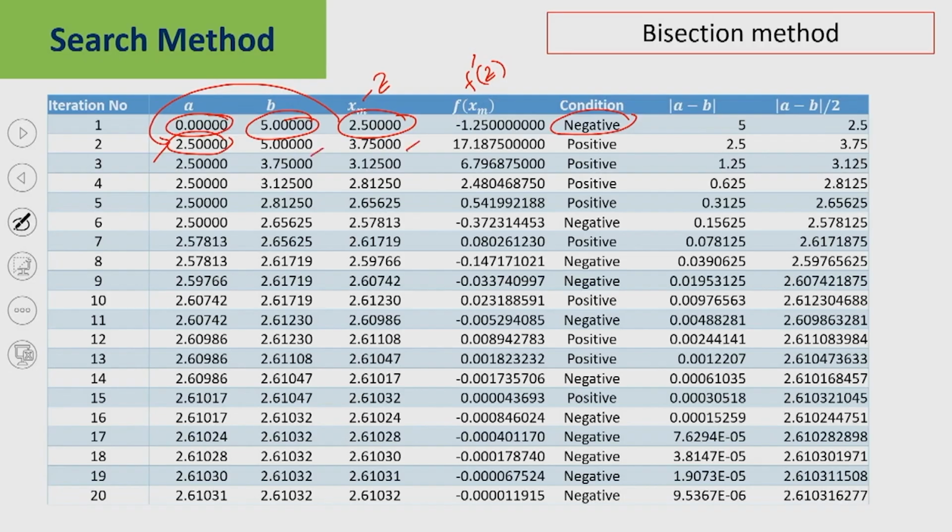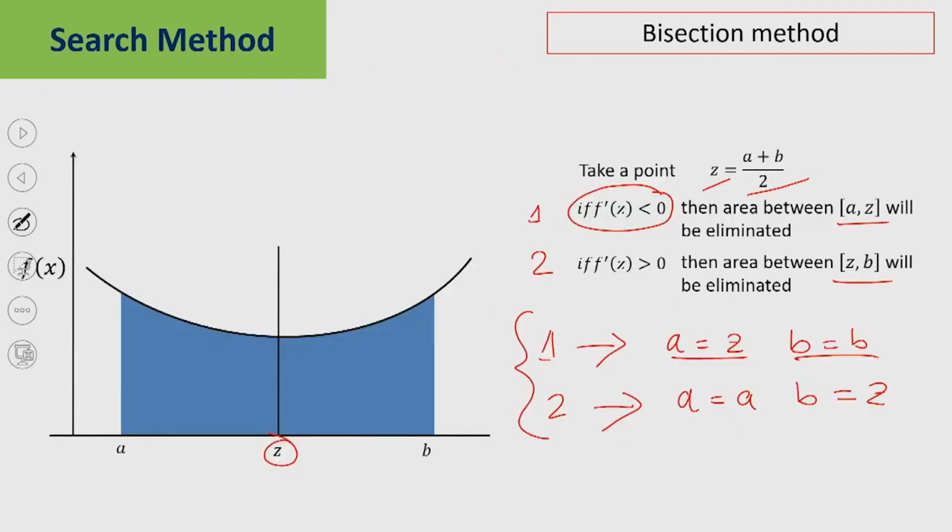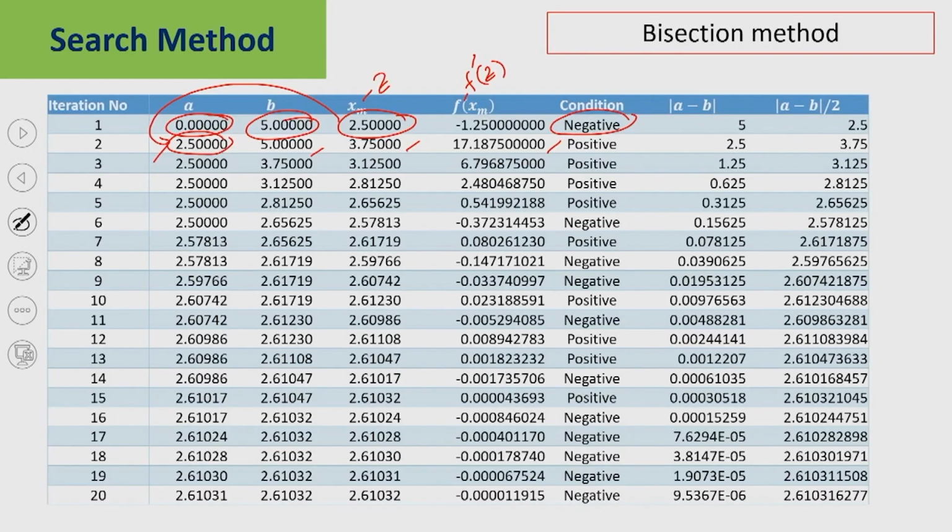Then you calculate the new value of z, sorry, this is the derivative value, not your function value. So, the derivative is now 17.18, and that is positive now. So, if it is positive, what will happen? If it is positive, a will not change, b will be equal to z. Okay. So, a is not changing and b is equal to z now.